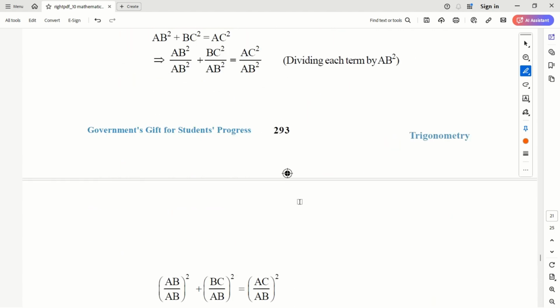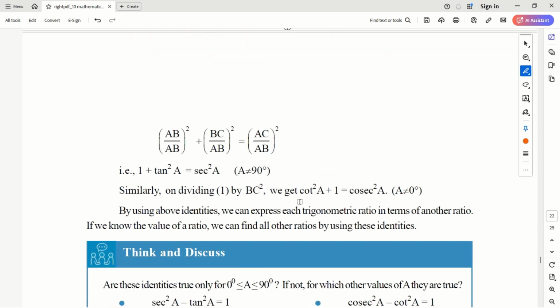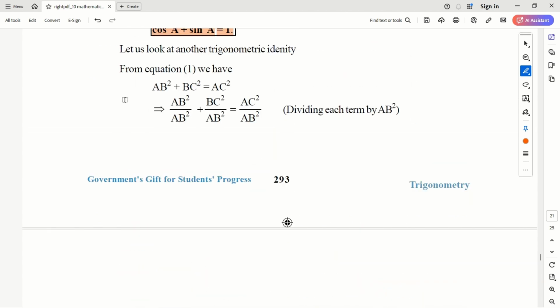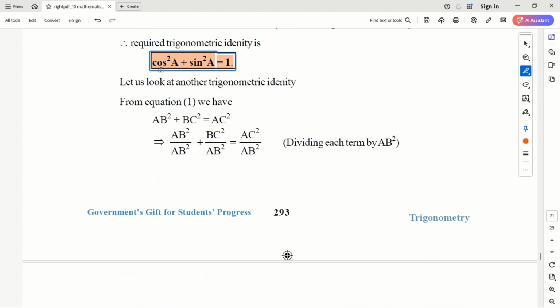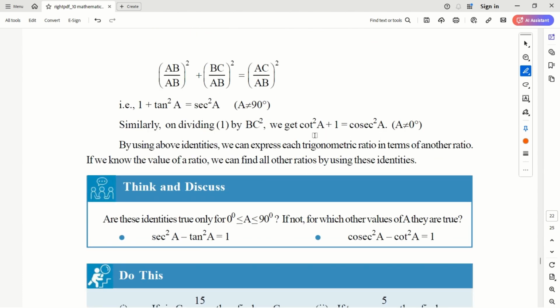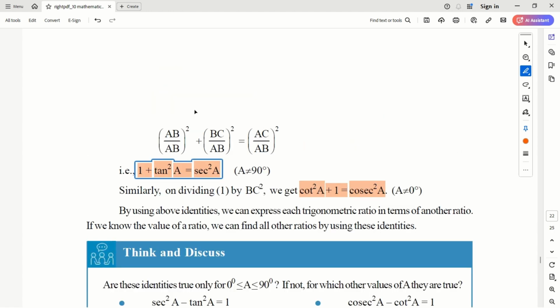Same thing, if you divide both sides by cos square A, 1 plus tan square A equals sec square A. And we can also say that cot square A plus 1 equals cosec square A. These two we can derive from the main one.